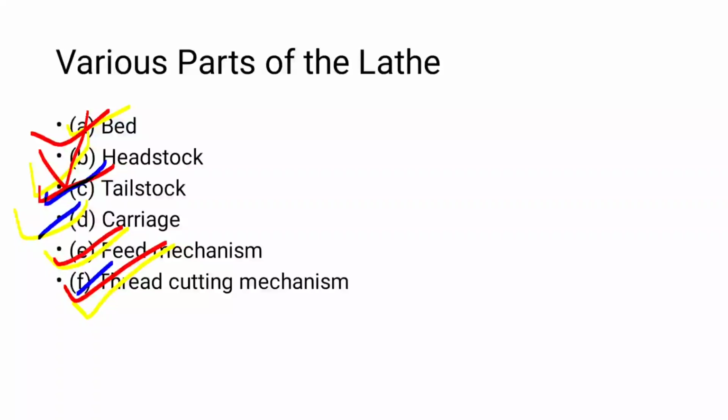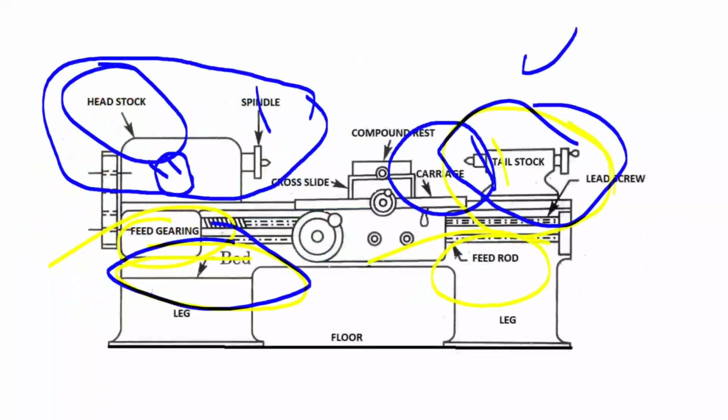These included the bed, headstock, tailstock, carriage, feed mechanism, and thread cutting mechanism. These are some of the important parts which we have studied, along with their construction, function and names. Now the next thing is you have to draw this diagram.